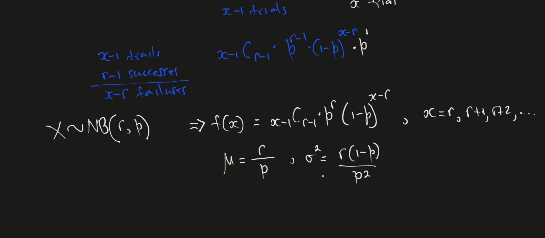The one thing that's missing, because of your countably infinite sample space plus the different values that R and P can take on, is that we don't have nice tables for the CDF of a negative binomial random variable. So any cumulative probability that we have to compute will have to be done via summation.